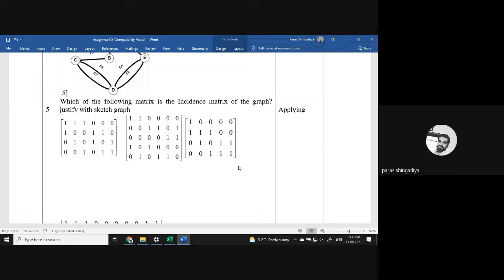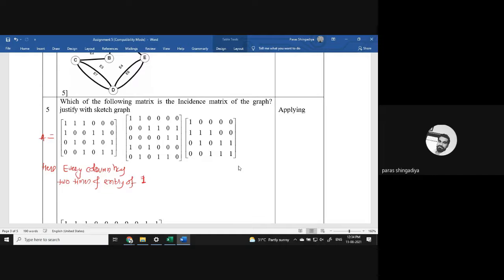For verification, in the first matrix, every column has two times the entry 1, or two times of entries of 1.